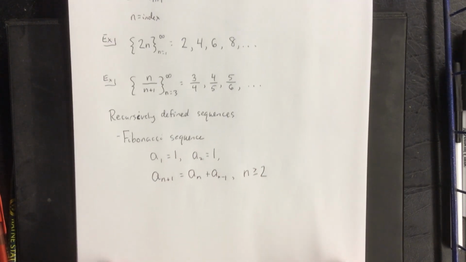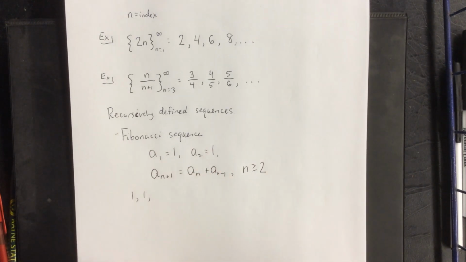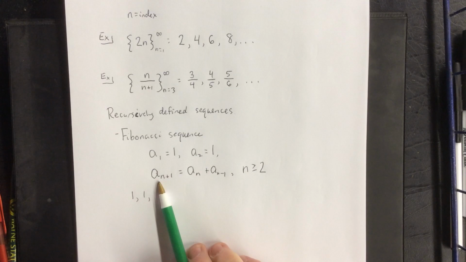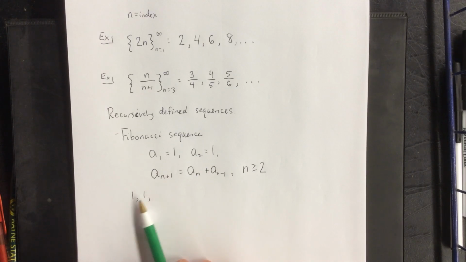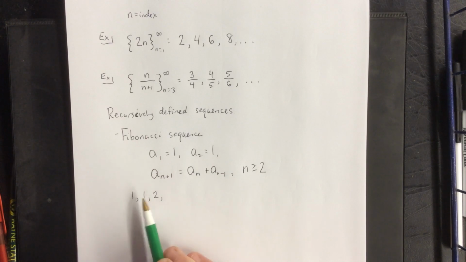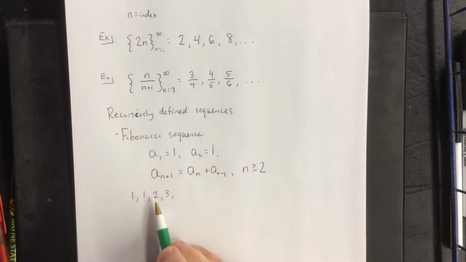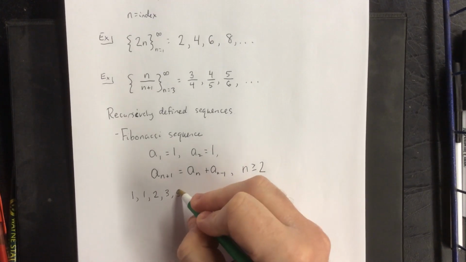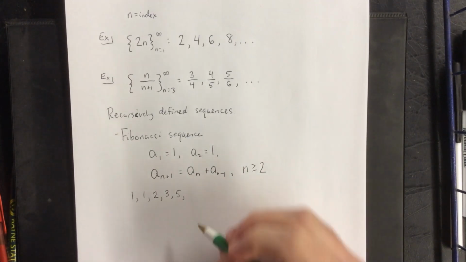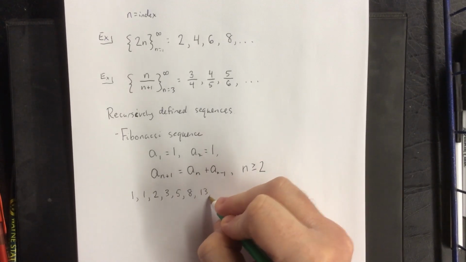So if I wanted to actually list the numbers of the Fibonacci sequence, I would start by saying 1 and 1. To create the third term, I take the sum of the previous two. So 1 plus 1, that'll be 2. For the next term, 1 plus 2, that'll be 3. Then 2 plus 3, we get 5. 3 plus 5, we get 8. 5 plus 8, we get 13.